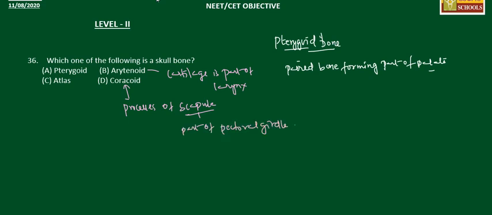And we know the atlas is the first vertebra of the vertebral column, right? So out of these four options, it's the A option that is right. The pterygoid bone is part of the skull.